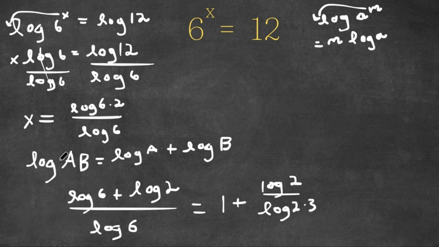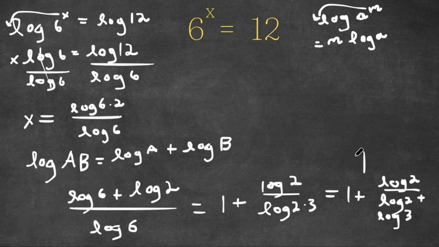And remember, log of a times b is equal to log a plus log b, so this is going to equal 1 plus log 2 over log 2 plus log 3.